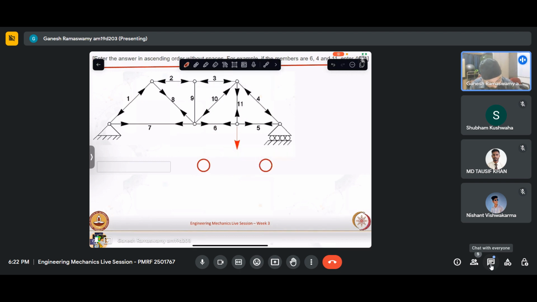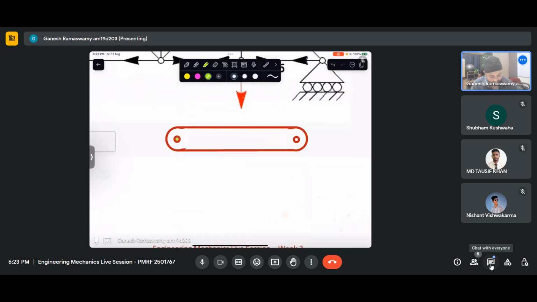Let us say that I have a member like that. Let us say this is a truss member and this has a connection over here. The pin is over here.